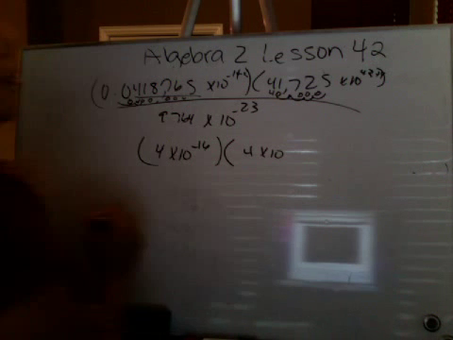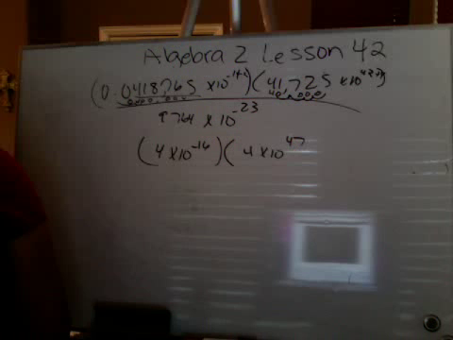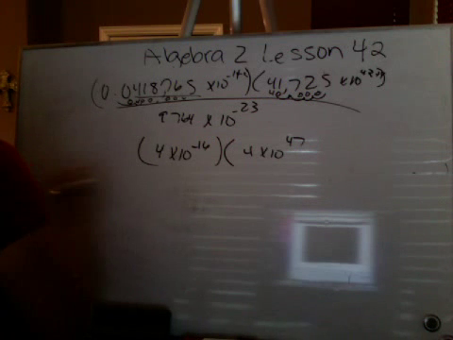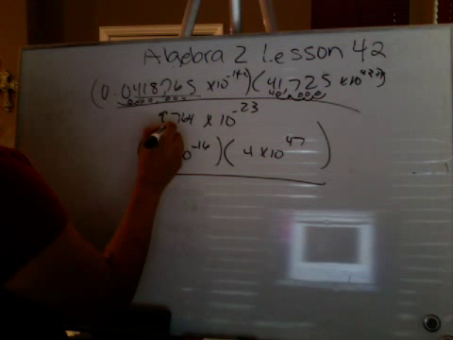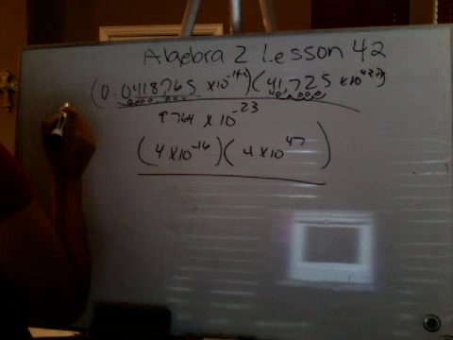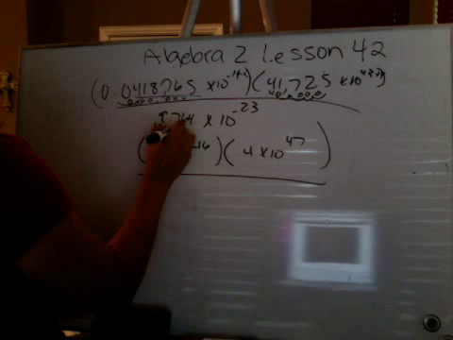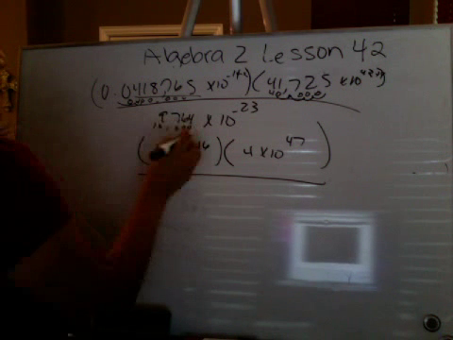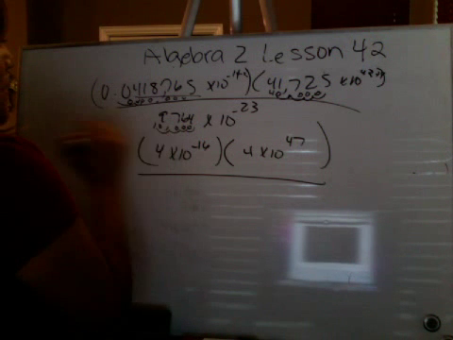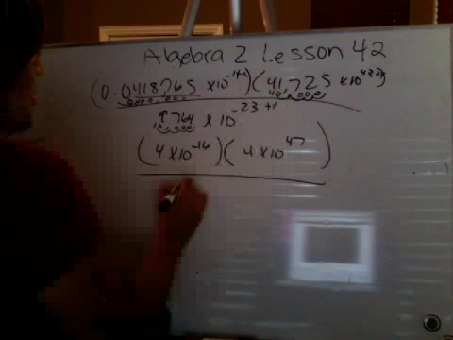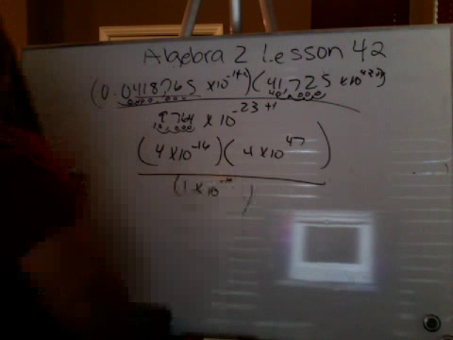It was the 43rd power, so 47th power. Then this one you're going to round to 10,000. Okay, so you're going to go 1, 2, 3, 4, plus 4. So you have 1 times 10 to the negative 19 power.